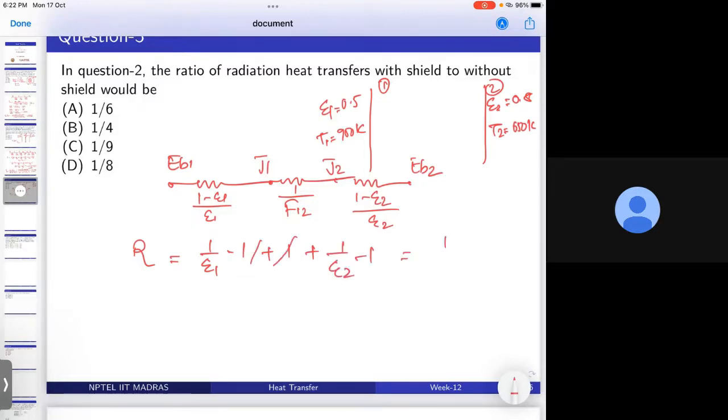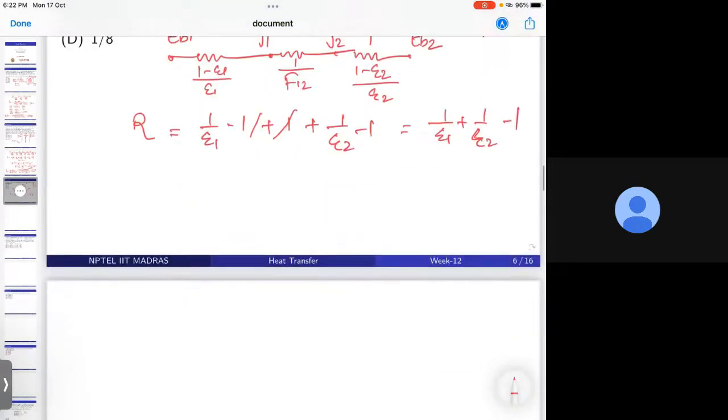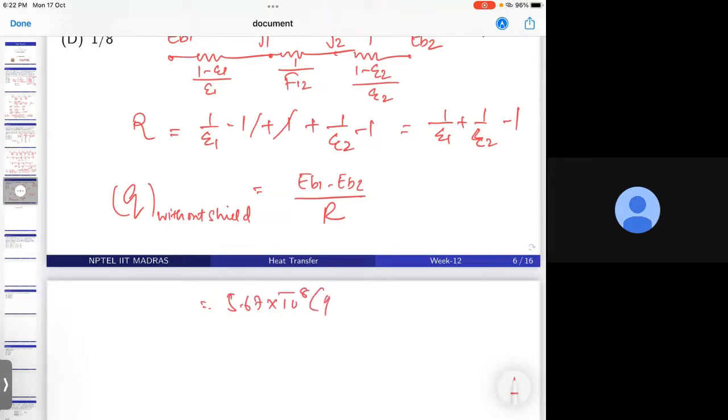So we'll calculate 1 by epsilon 1 plus 1 by epsilon 2 minus 1. So Q without shield will be equal to EB1 minus EB2 divided by R, which is equal to 5.67 into 10 raised to minus 8 into 900 raised to 4 minus 650 raised to 4, all divided by 1 by 0.5 plus 1 by 0.8 minus 1. So you will get the answer as 12035.36 watts per meter square.